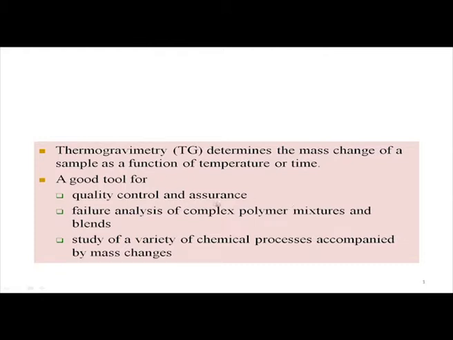So, calcium solid tablets can also be analyzed for their presence, and failure analysis of complex polymer mixtures.